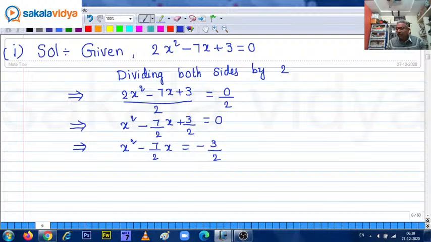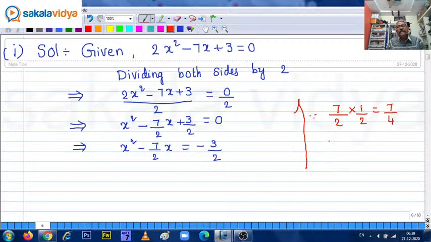Now here I will tell you one logic, and this logic is very important. Take the x coefficient, whether it may be positive or negative, you take it positive itself only. 7 by 2, you take it and multiply with half. Always remember like this. So you will get 7 by 4.